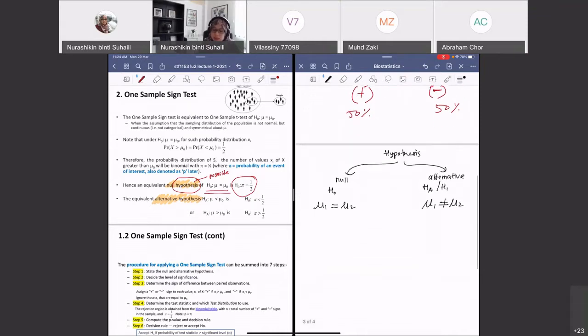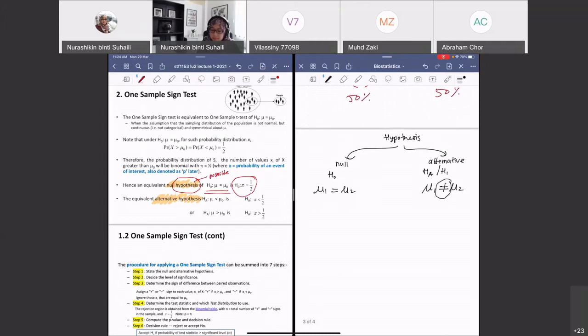But this one is still generic, I can say. You do not know whether, there are two possibilities. It can be mu1 is greater than mu2, or mu1 is less than mu2. So under the not equal to, there are two more possibilities, less or more. Okay, so basically that's the null and alternative hypothesis.